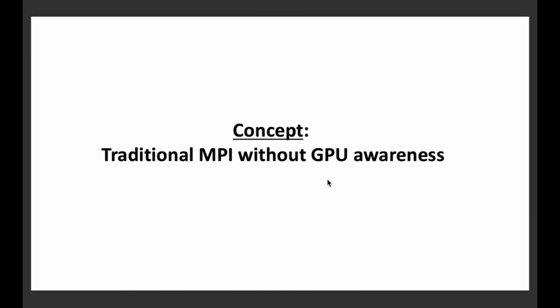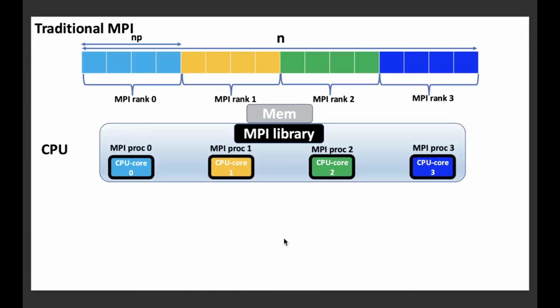This is the traditional MPI, where the MPI library cannot interact directly with the GPU. I will present two aspects here, on the CPU and on the GPU.